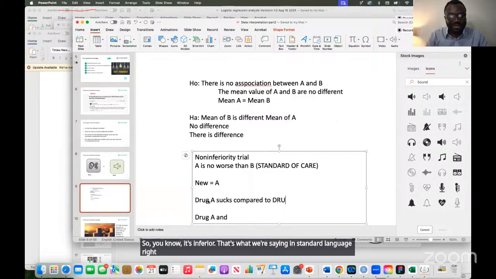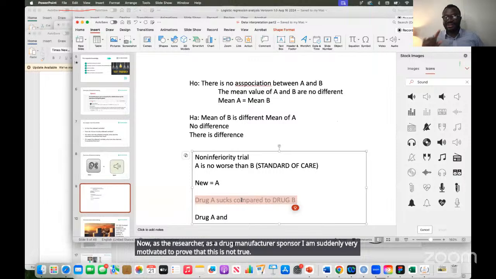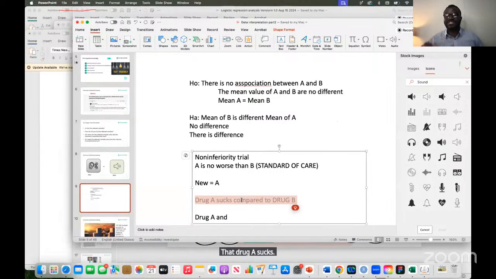So this is very important to note, because now as the researcher, as a drug manufacturer sponsor, I am suddenly very motivated to prove that this is not true. That drug A, my drug, sucks compared to drug B, or is inferior, if we're using standard language, right? Because what does this prevent?